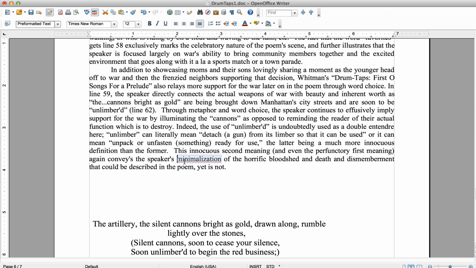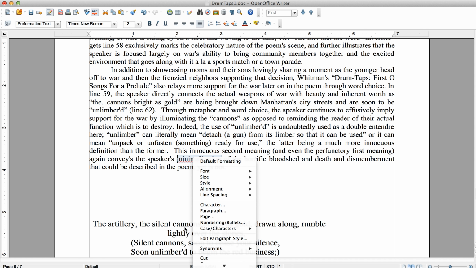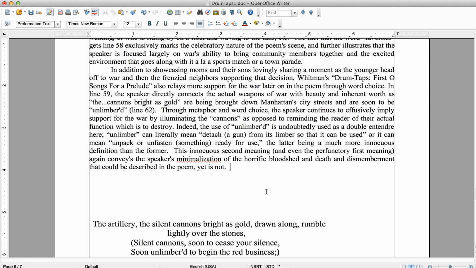So let's go here. And, okay, so for the horrific bloodshed and death, if we can use a better word, you could also say shows the speaker's minimizing bloodshed and death and dismemberment that could be described in the poem, yet is not.